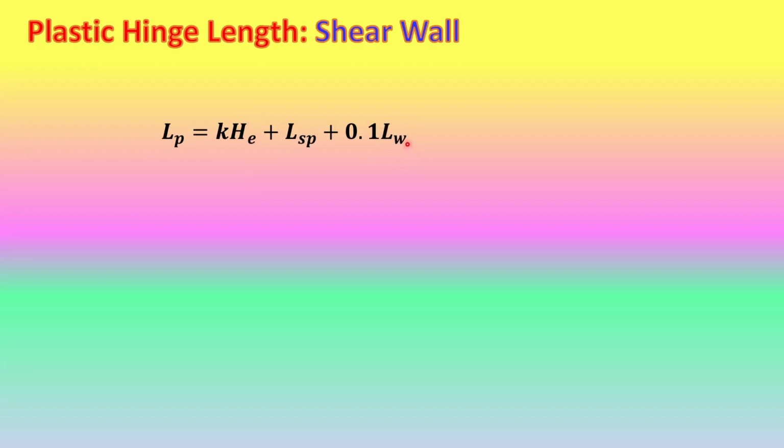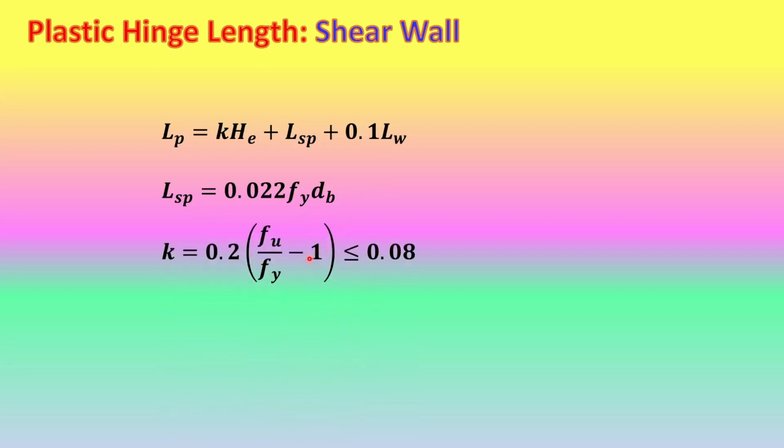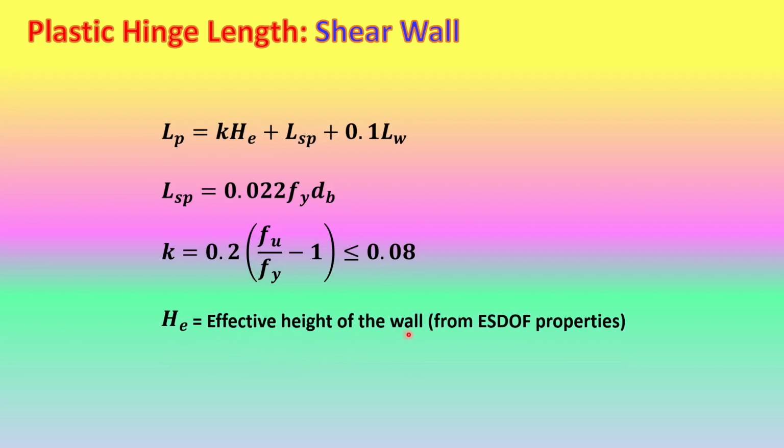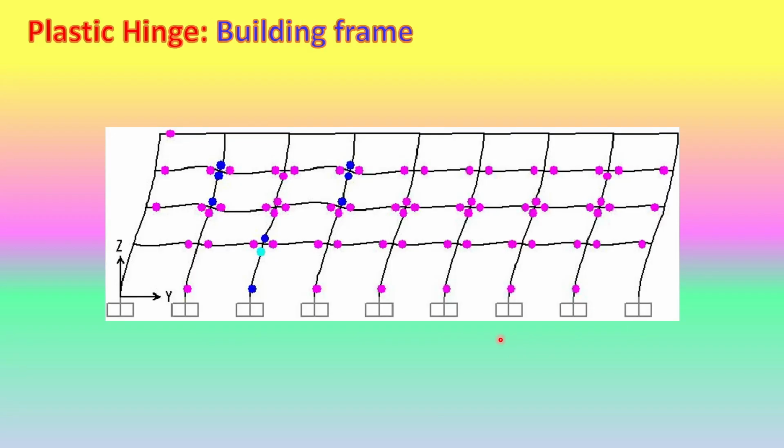LW is the length of the wall. So LW is the horizontal length of the wall. LSP is as earlier as we have discussed, and K is also as earlier. H, the effective height of the wall, is to be obtained from equivalent single degree of freedom system properties.